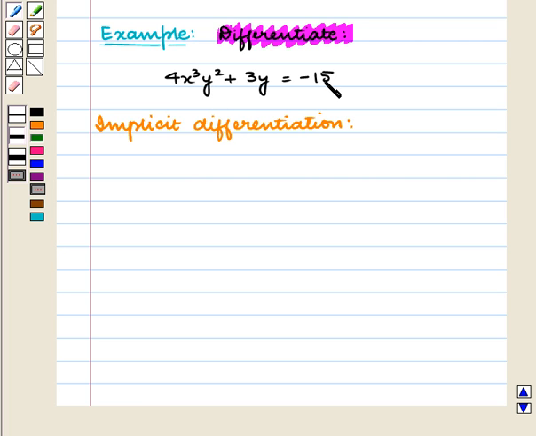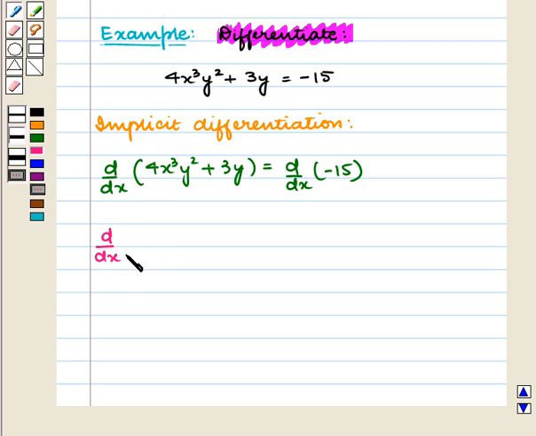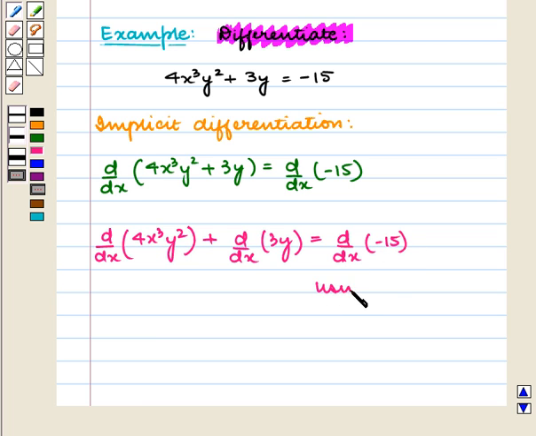Differentiate both sides of the equation with respect to x, that is d by dx of 4x cube y square plus 3y is equal to d by dx of minus 15. We can write it as d by dx of 4x cube y square plus d by dx of 3y is equal to d by dx of minus 15 using addition rule.